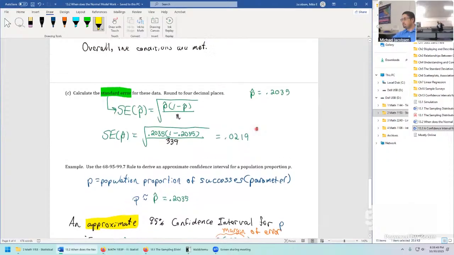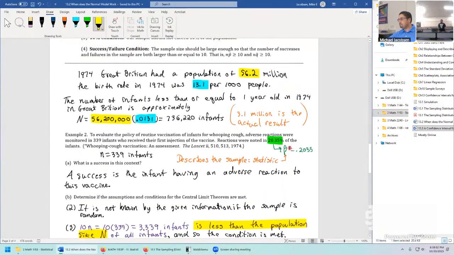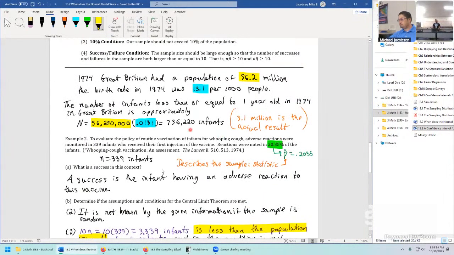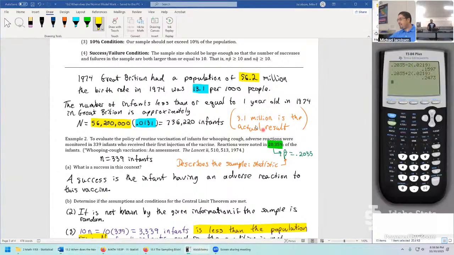If that's the population and that's their birth rate, those are some big numbers. That's a lot of kids for the population size. If you take 3.1 divided by 56.2, it says about 5% of the population was kids less than a year old. That's a lot of kids. They had a crazy year.